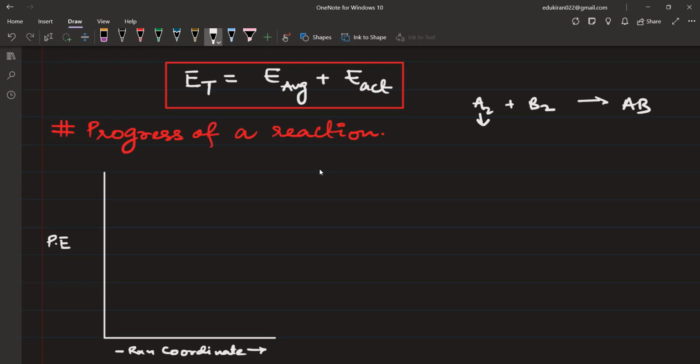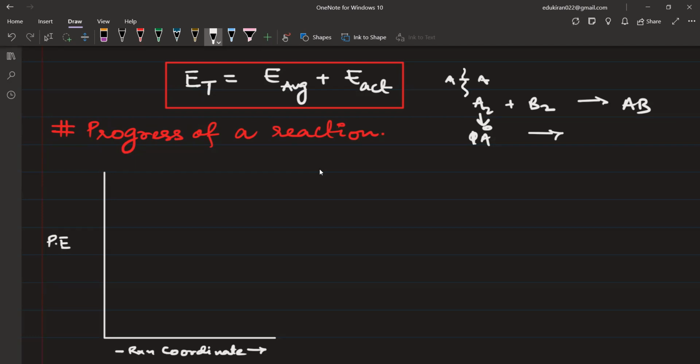If you take the bond length here, like the distance between the two A atoms, it is going to be very small, for example 1 angstrom. Now, as soon as the reaction goes forward, the AA bond is going to break, and the distance between the A atoms is going to increase slowly.